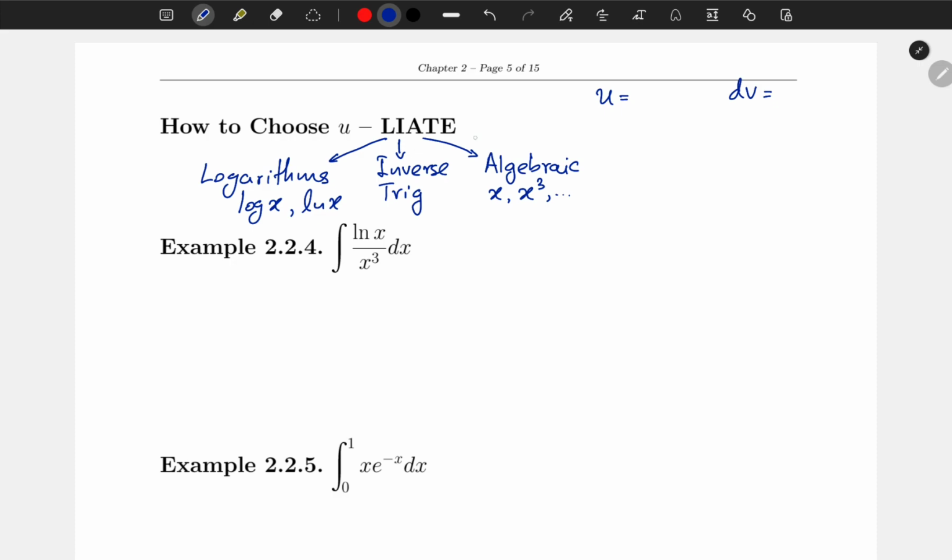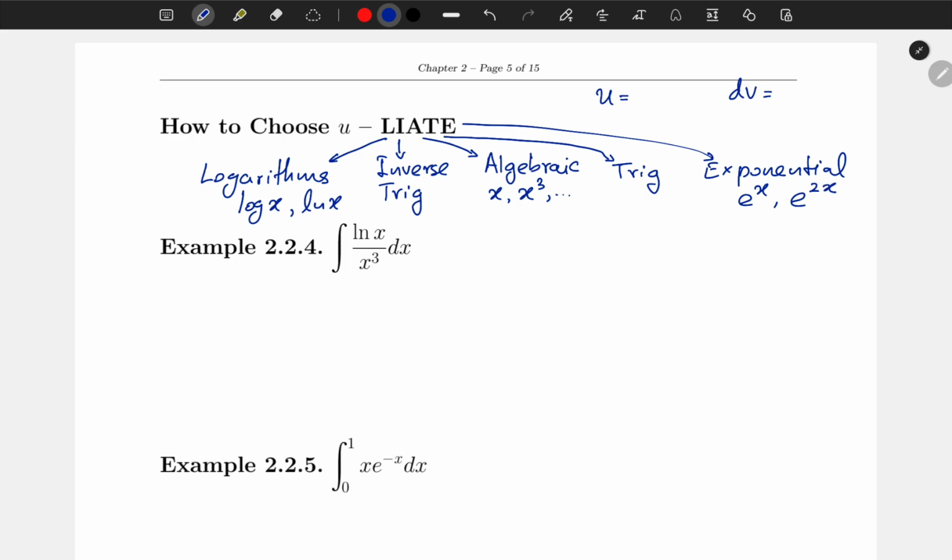Then T stands for trigonometric functions. And finally, E stands for exponential functions. Examples are e^x and e to the power, let's say, 2x.